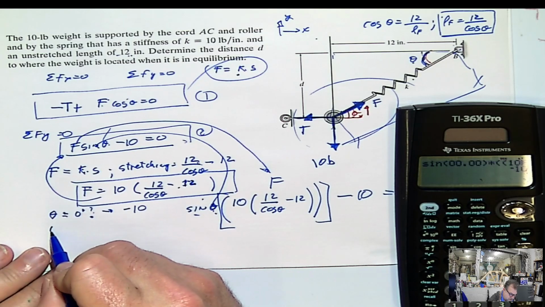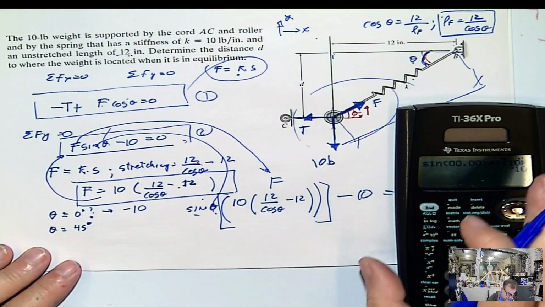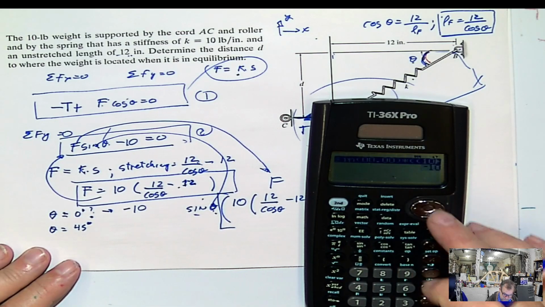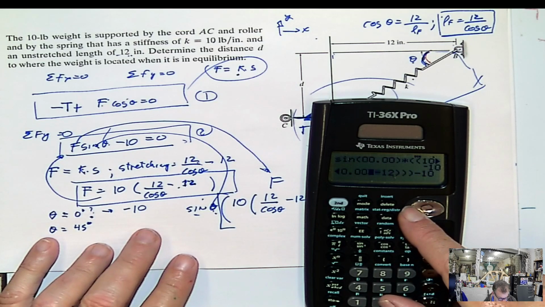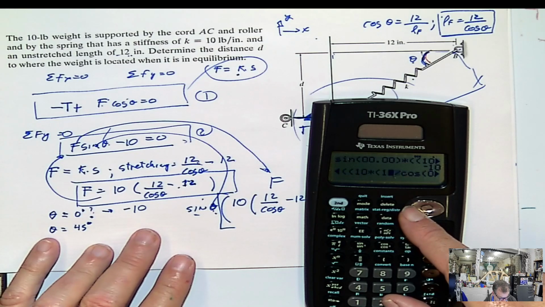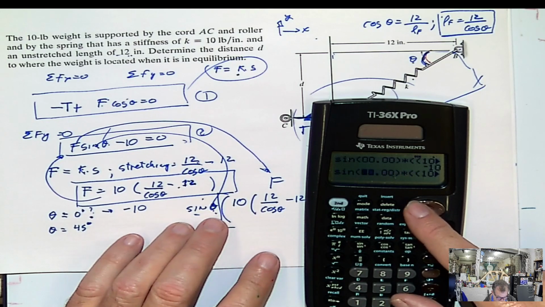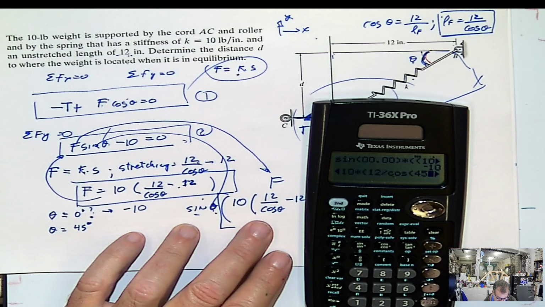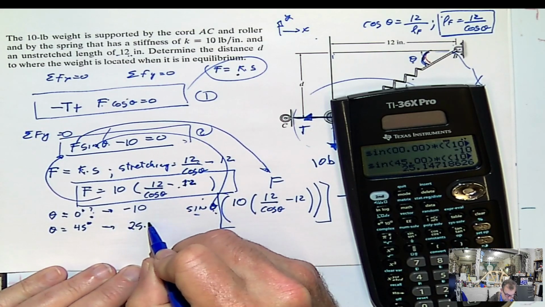Now let's try the angle equals 45 degrees, because I should get 0 according to this. You go up and you go to the left, until I find the sine of 45, and then cosine 45, enter, and then I get 25.15.